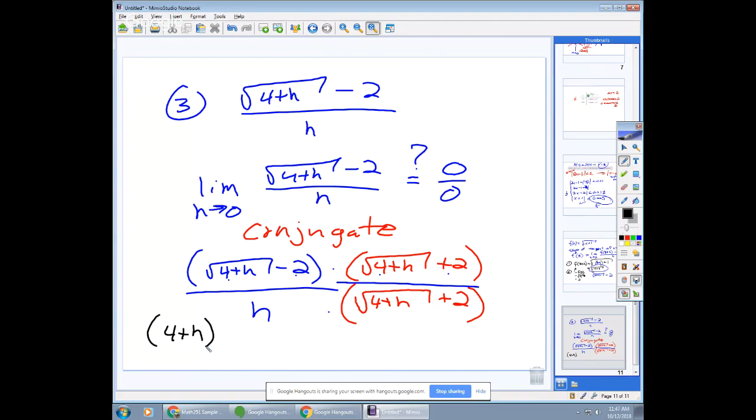And then I get 2 times 2, but I'm subtracting because it's a negative times a positive. The middle terms disappear. The denominator is just h times the square root of 4 plus h plus 2. But the numerator cleans up quite a bit: 4 minus 4 goes away. I'm left with just an h in the top.